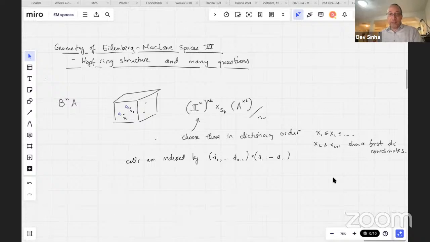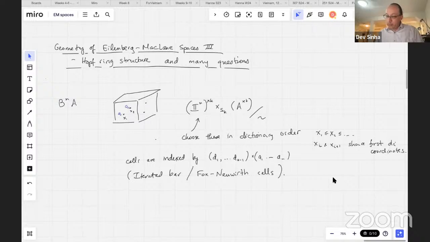And we can call these either iterated bar cells, or actually they coincide with a cell structure that is studied in configuration space theory, namely Fox-Neuwirth cells.